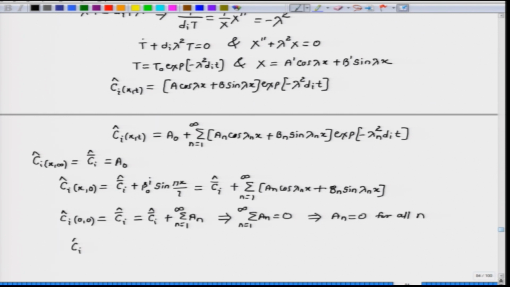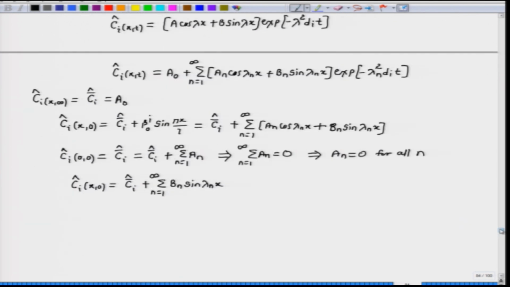So, we can write ψ̂ at x, 0 should be equal to ψ̄̂ plus the summation n equal to 1 to infinity of bn sin λn x.